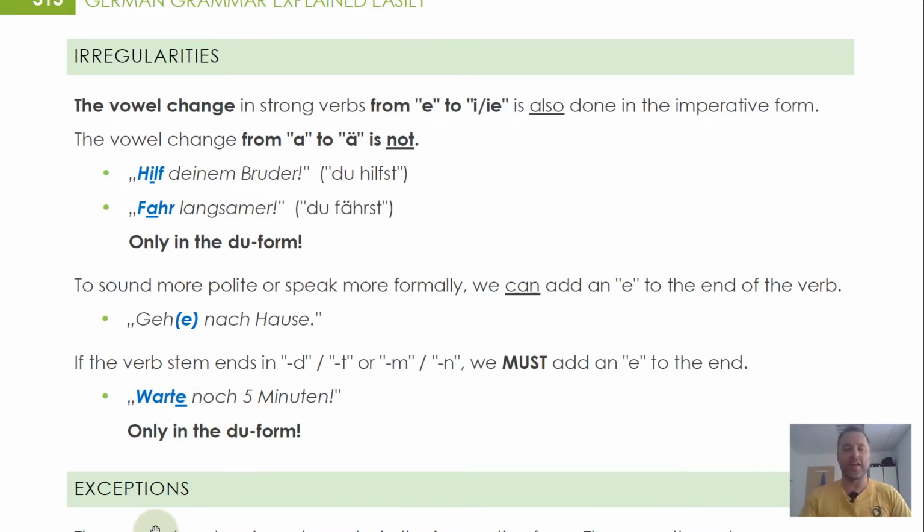In the spoken language, you don't really have to. Very often it's dropped. And if you have the vowel change, you cannot add the E. This doesn't work. So not Hilfe deinem Bruder, because here we would have a totally different word again. So here it does not work with the E, but usually it works. And with those, you technically have to, but in spoken language, not really.